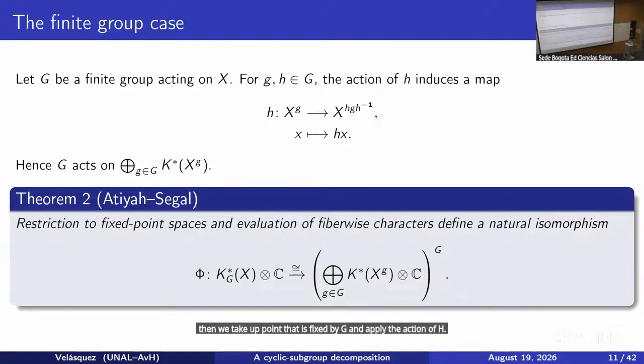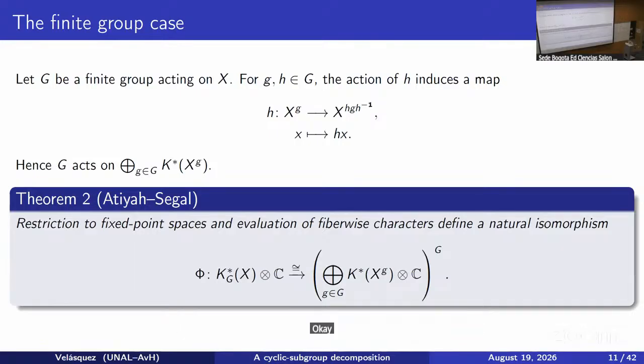It gives a point fixed by h g h inverse. And we can take the pullback of these actions over the K-theory groups. We can put together all the K-theory groups of the fixed points. The pullback of this map defines an action of the group on this diagram. Okay.